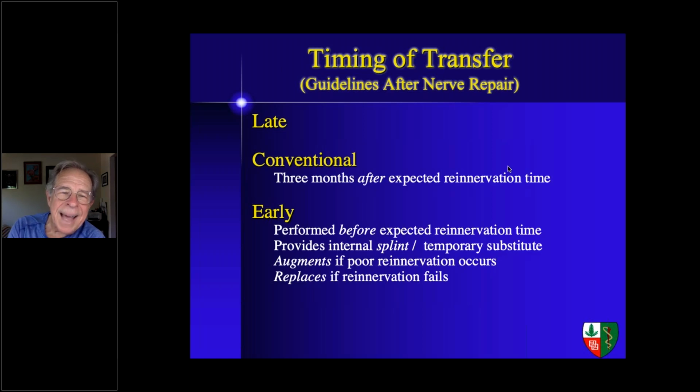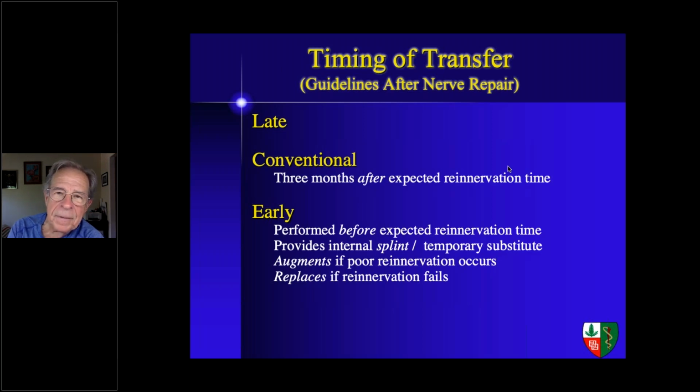There are occasional transfers that might be considered very early, before the expected reinnervation time. For example, if it provides an internal splint or a temporary substitute, if it can augment if poor reinnervation occurs and replace the function if reinnervation fails. I think one potential category is a high radial nerve injury.